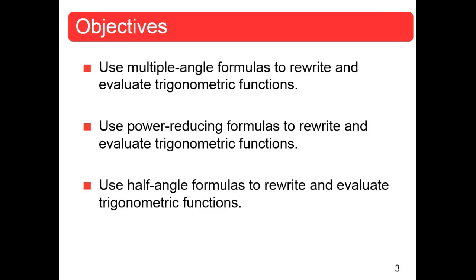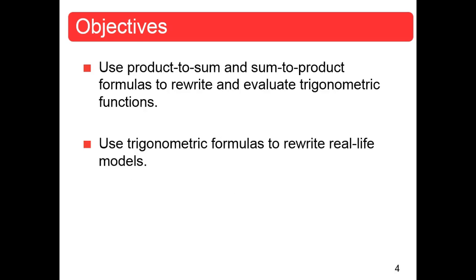We haven't done power-reducing and half-angle, so those are going to be new. Then we'll use product to sum and sum to product formulas, and we'll use trigonometric formulas to rewrite some real-life models. And that will basically end us with Chapter 5.